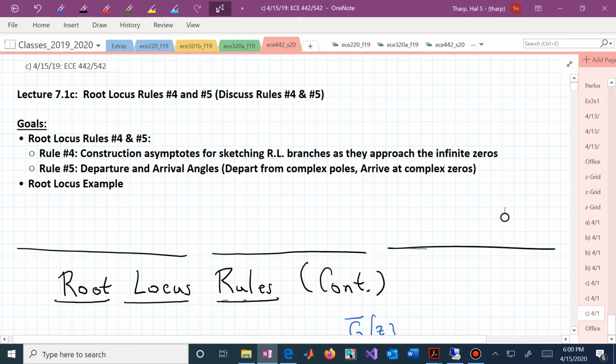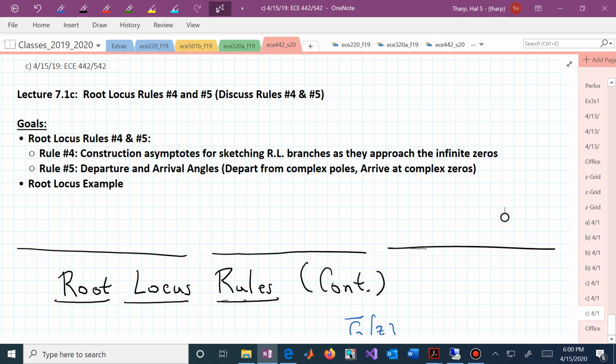We are now going to present rules number 4 and 5 in sketching root locus diagrams. Rule number 4 is relative to how we draw these construction asymptotes.